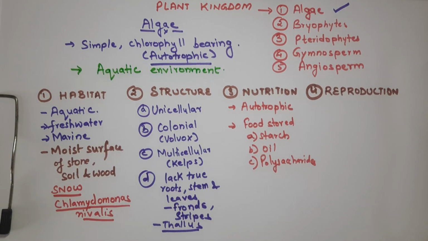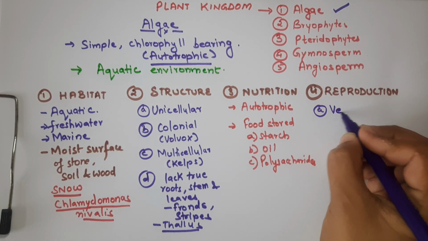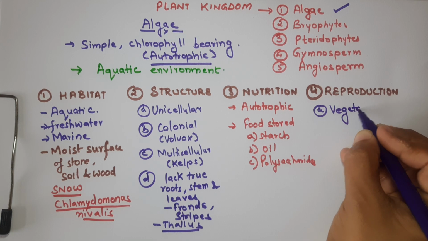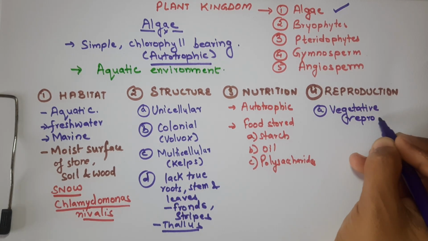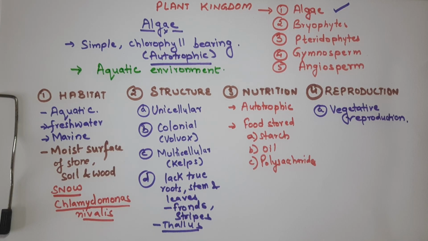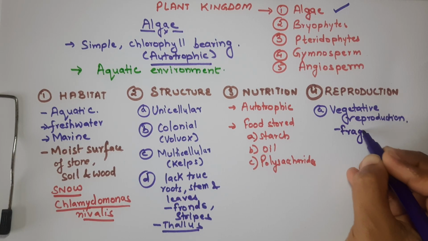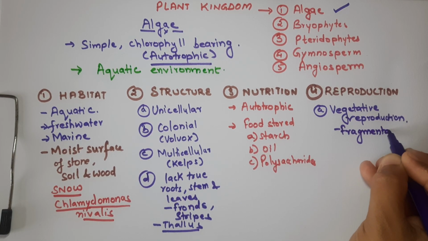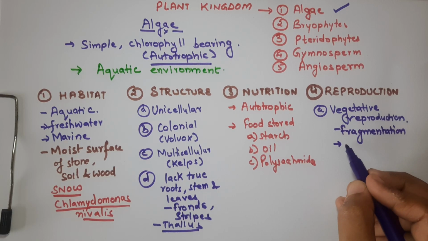If we talk about the reproduction, then we can see three kinds of reproduction. The first one we will observe is the vegetative reproduction. For the vegetative reproduction mode, fragmentation is occurring. I will give you the example of one algae that undergoes vegetative reproduction.